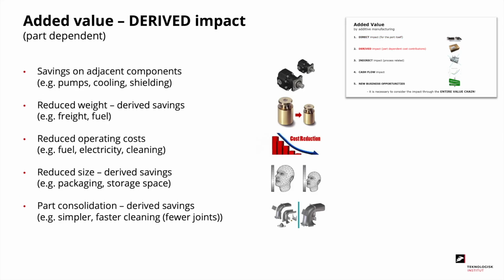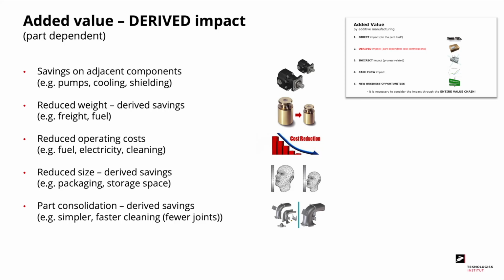This group concerns the derived impact. It could be things like savings on adjacent components. If you have made a component very efficient, you may have savings on the pump connected to the part, or you may cool more efficiently. If you reduce weight of a part, you may save on freight or fuel costs.